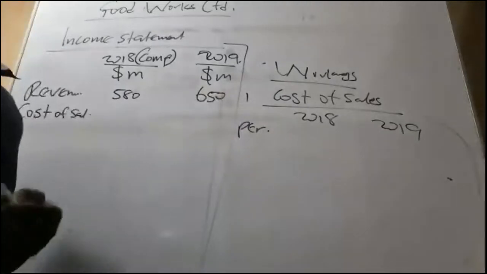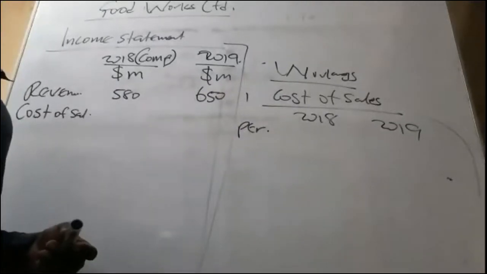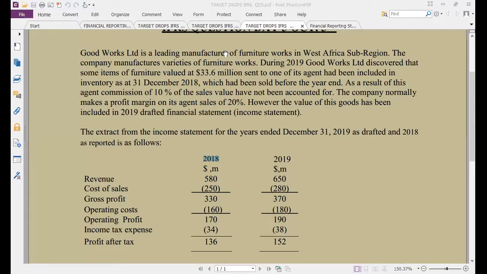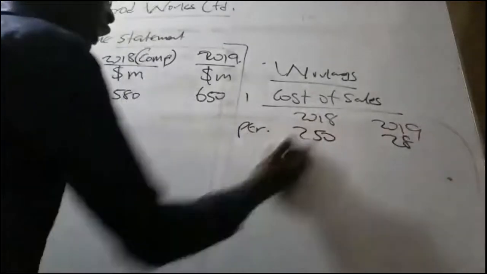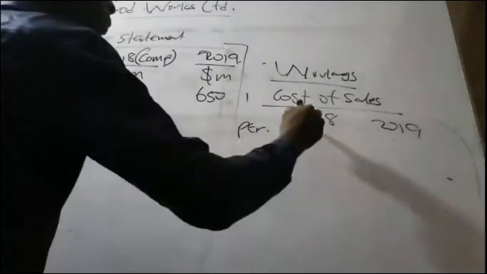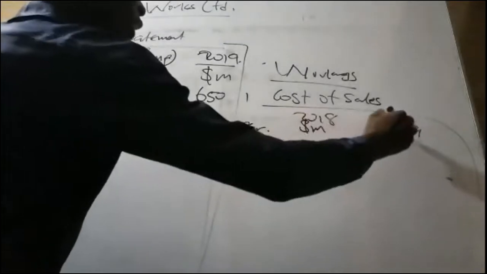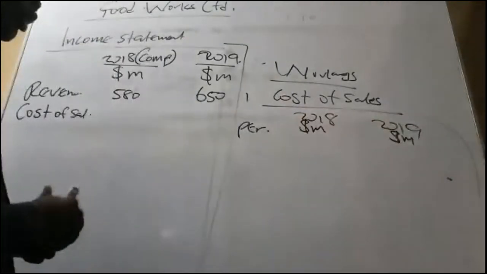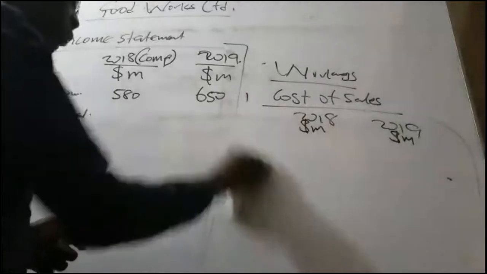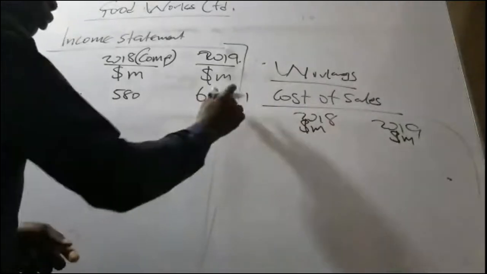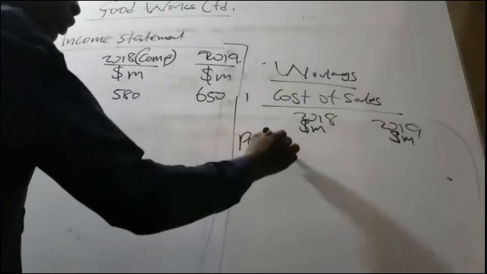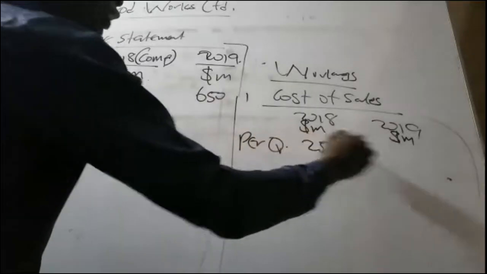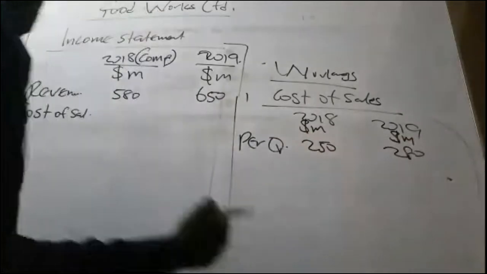Let's pick it per the draft report: 250 and 280. Don't forget your reporting currency, $1,000,000. So per question, 250 and 280 respectively.